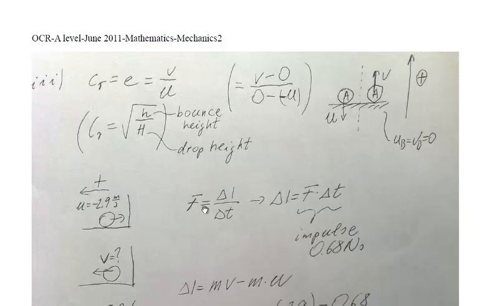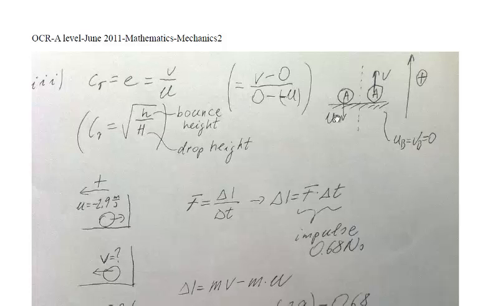So this is our figure. We should know that the coefficient of restitution is equal to V over U for an object bouncing off a stationary object, such as a floor. These are magnitudes. This is the initial speed, final speed.